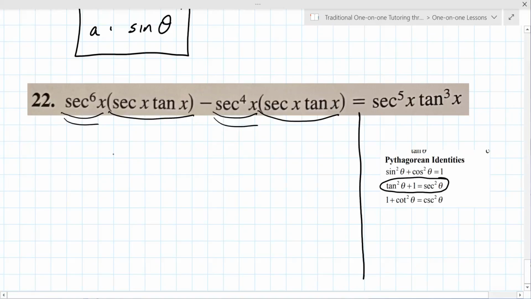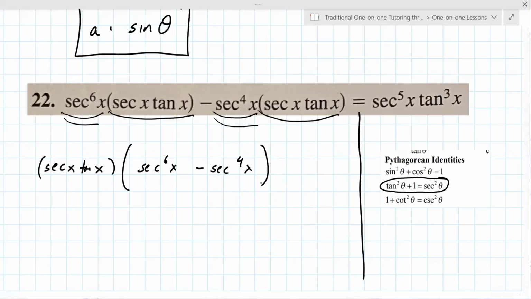Okay, so let me do the following here. And this is just a guess. I'm going to factor out the secant x tangent x from both of these. So that gives you secant 6x minus secant 4x. Is that okay? Is that clear? So now, like I mentioned before, there's 4 secants in each of these, so we can factor out 4 of them.